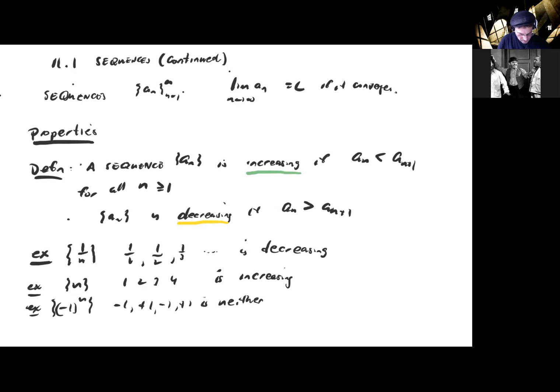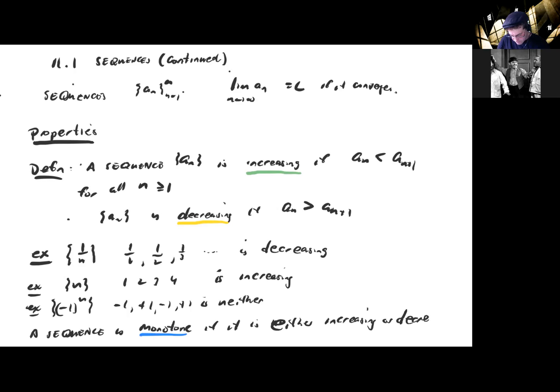We'll say that a sequence is monotone if it is either increasing or decreasing. So one or the other. It can't obviously be both. That doesn't happen. Okay, so that is the basic definition for sequences.